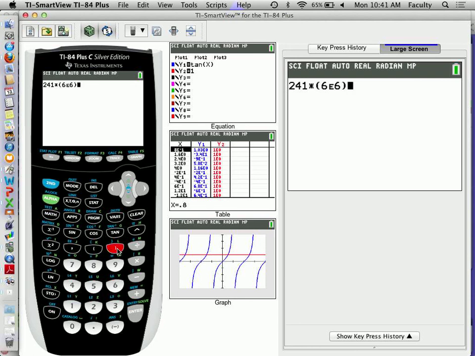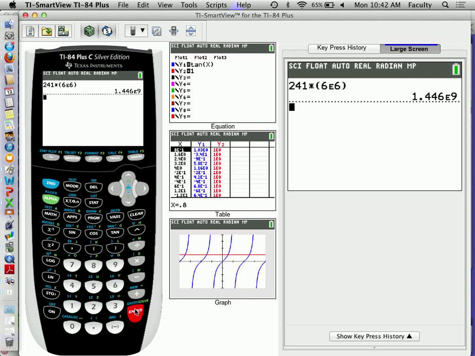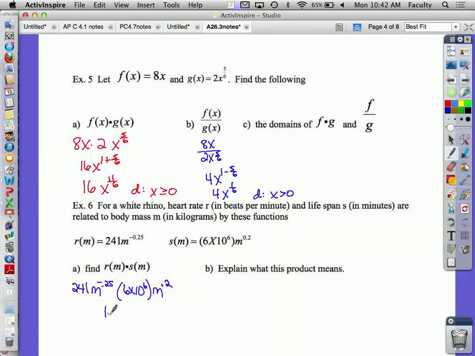Now, because I did this last period, go to your mode and change it to scientific, and then press enter. And you should be getting 1.446 E9. Now that's not how you're going to write it down. So we're going to write 1.446 times 10 to the 9th in a parenthesis. And then m to the negative 0.25 times m to the 0.2, you would add those exponents, and that's negative 0.05.